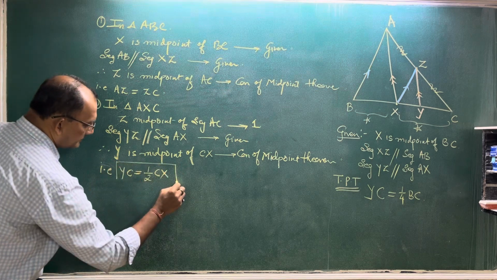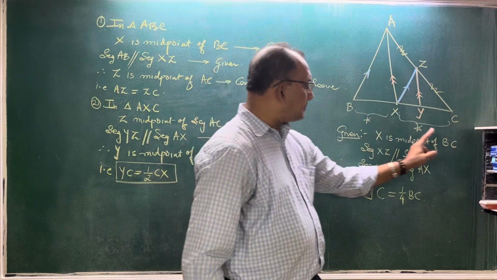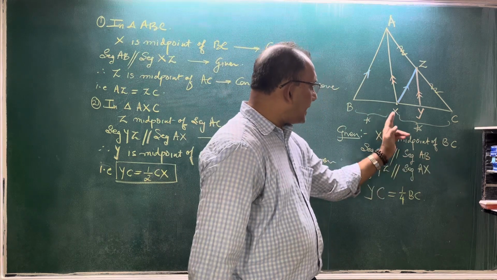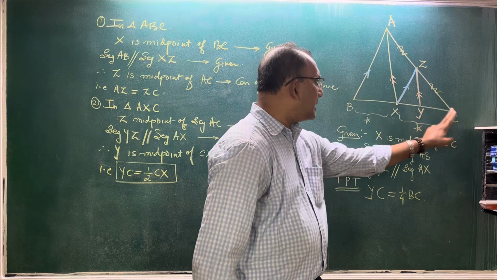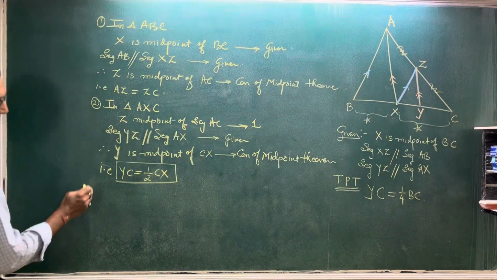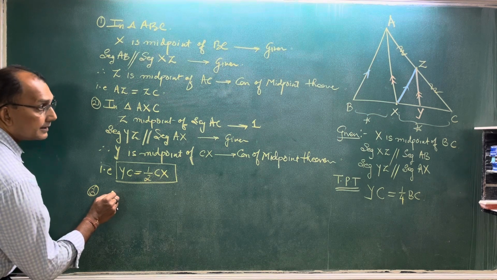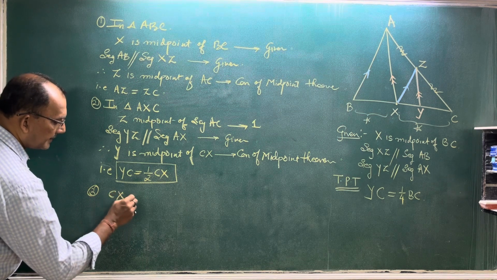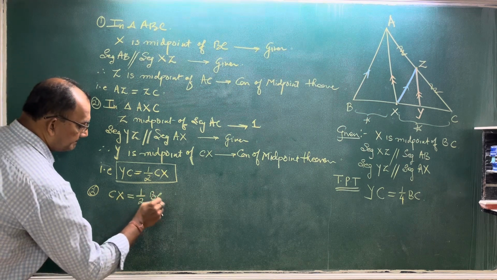Now, in given, they had mentioned X is midpoint of BC. If X is midpoint of BC, then CX should be half of BC. So I'll write here point number 3. CX is half of BC.